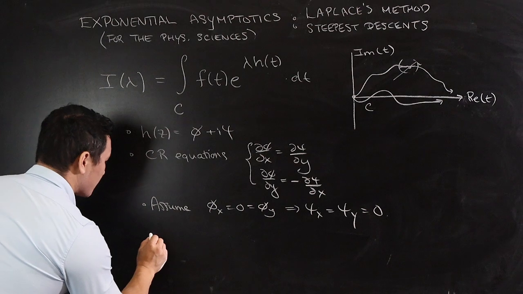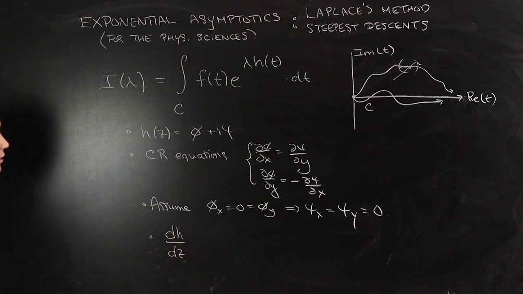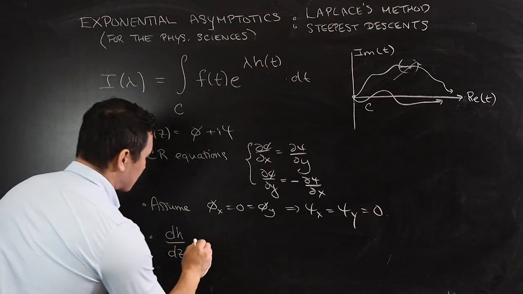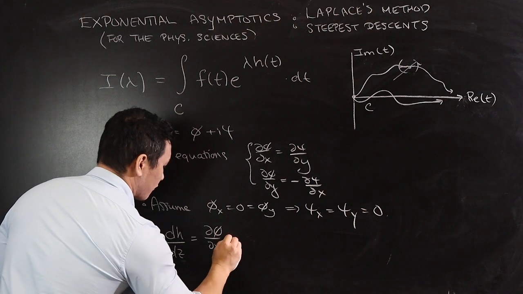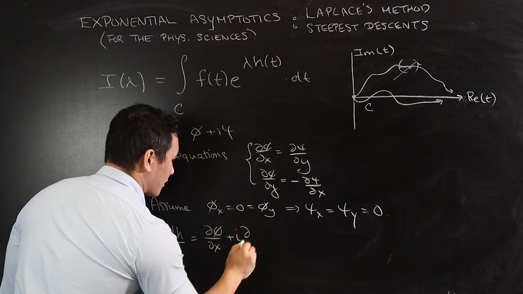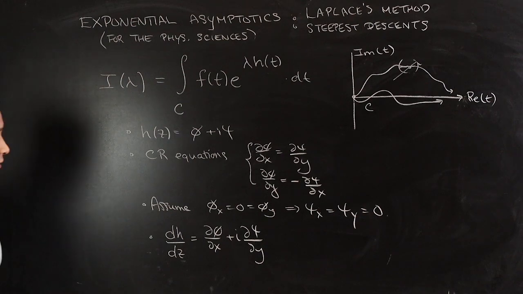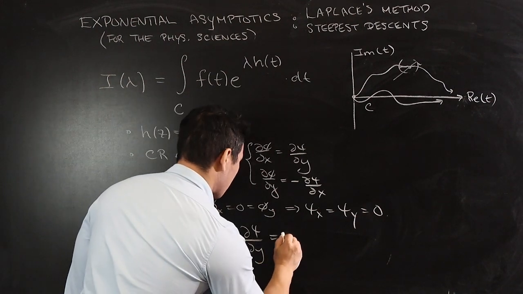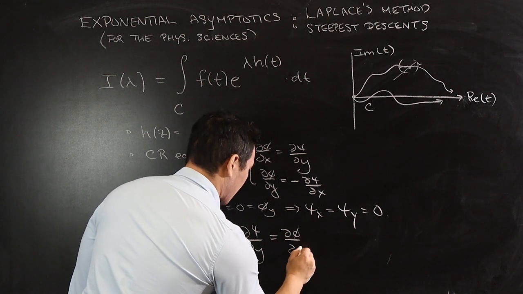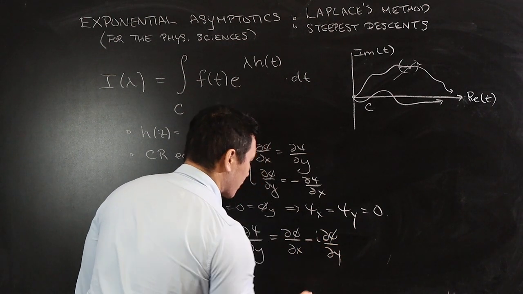The next property is that if I think of the derivative dh dz, the complex derivative, then just by first principles you can evaluate this by taking the partial derivatives of the real and complex parts. And if you like, you can apply your Cauchy-Riemann equations and switch this around, so this is d psi dx minus i d psi dy, or d phi dy if I like.